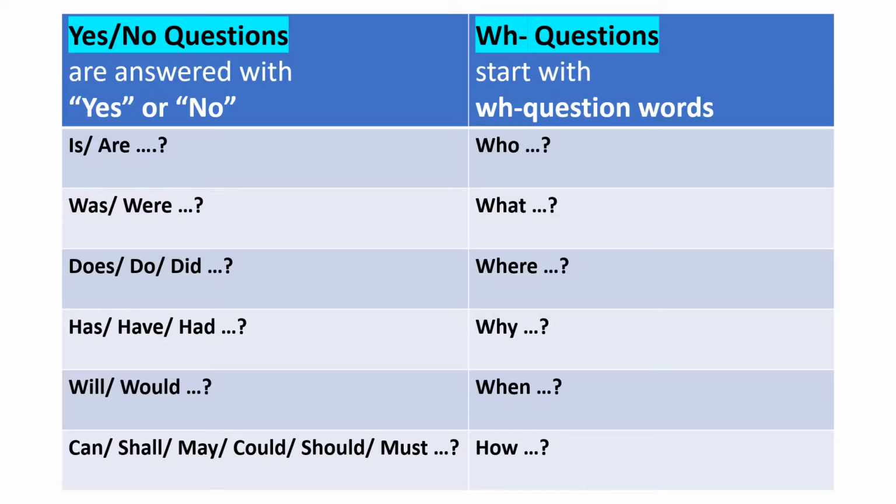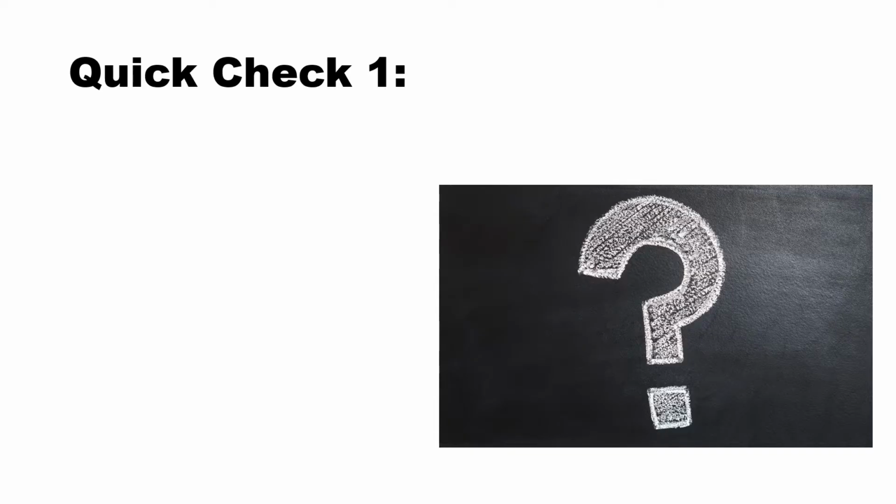On the left-hand side, we have yes-no questions which are answered with yes or no. They can start with is or are, was or were, does, do, did, has, have, had, will, would, can, shall, may, could, should, or must. On the right-hand side, we have WH questions, which start with WH question words, including who, what, where, why, when, and how.